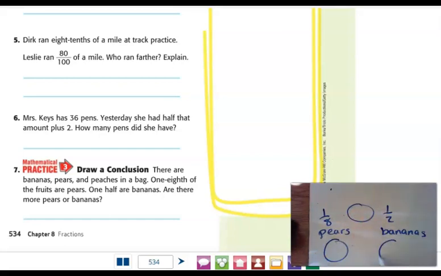Now if I'm going to draw the picture, it's going to be really apparent because we've talked about this: if the numerator is the same, the bigger denominator means it's cut into smaller pieces. The smaller pieces means the smaller amount you get. This one is a much smaller denominator, which means it's cut into fewer pieces, which means you get a bigger part of the whole. So hopefully that picture helps you really see that if you have a half of the fruit's bananas, you're going to have a lot more bananas than you're going to have pears.